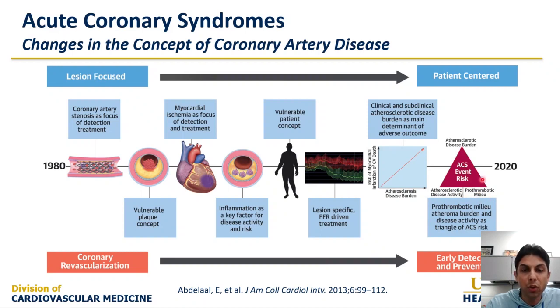And together we use that to assess ACS risk in a given patient, where we're focusing now on early detection and prevention, and less on coronary revascularization, although it's very important. We want to detect coronary disease early so coronary revascularization does not become necessary.